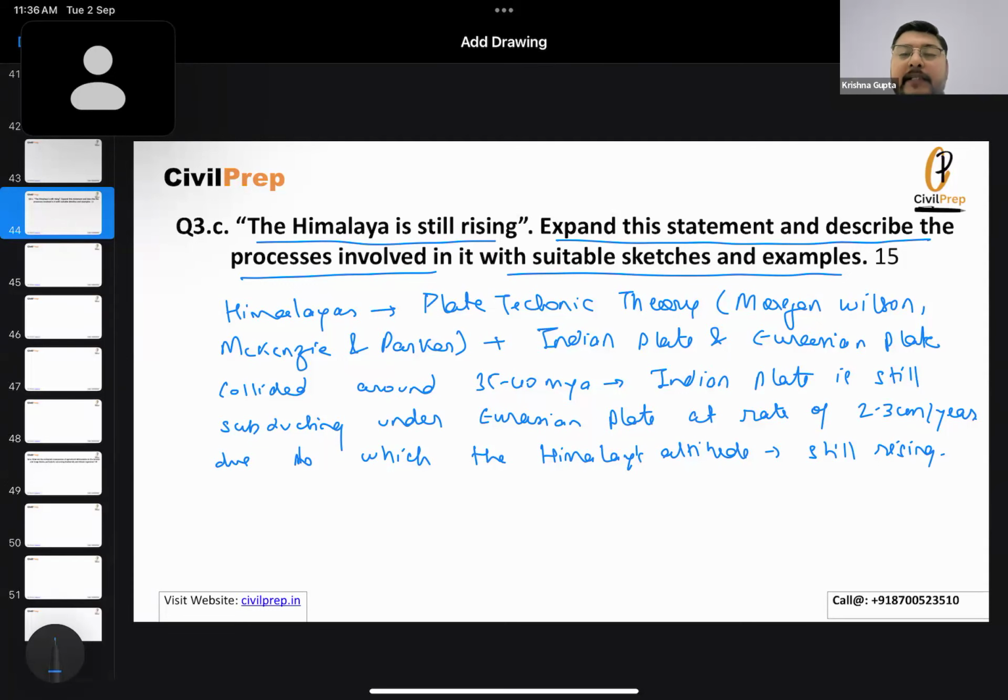So under this introduction, we can provide the development of the Himalayas, and we can see how this is actually happening. Now, we need to provide what are the processes which are taking place due to which the Himalayas are still rising.